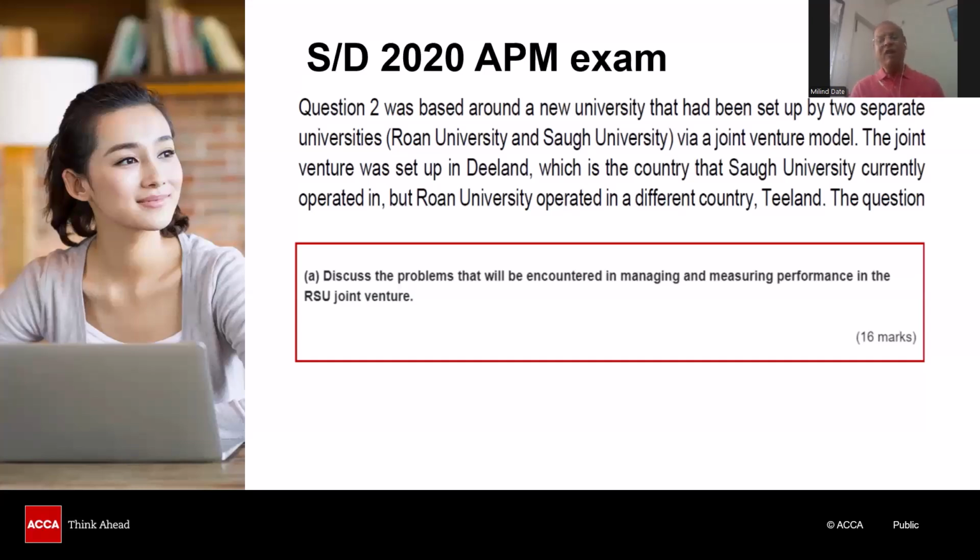Now, I will, of course, look at the examiner comments, and through that, we will understand how students either achieved this or missed out on answering the exact requirement. So let's look at examiner comments.